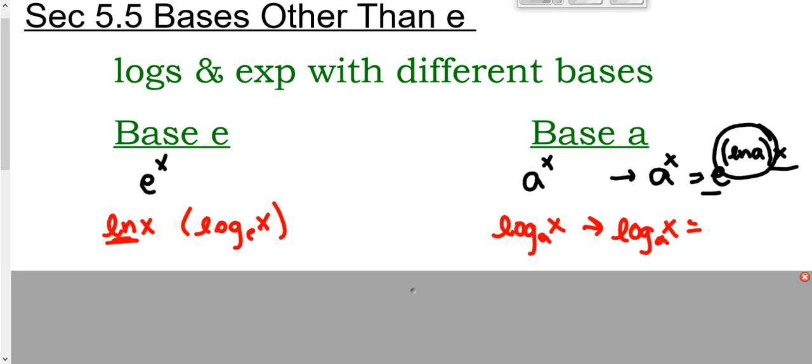It actually uses something called a change of base formula, which is something that you've seen before, but you may not remember. But it involves ln of x over ln of a. We're going to use ln of x, but it's just going to be divided by ln of a whenever we're using logarithms of any other base.